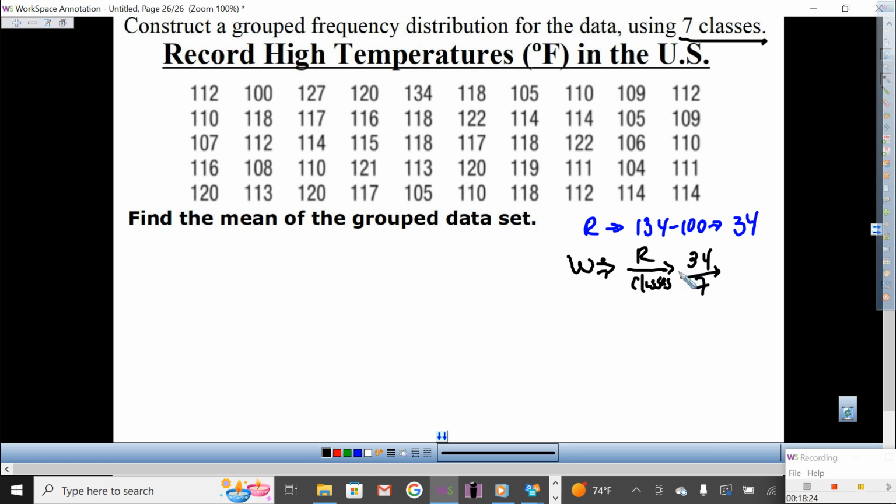So 7 goes into 34 4 times, but then we round what? Up. So this is going to be 4 point something, so we're going to round to 5. Remember, for the class, we always round up. Okay, so now that we have those 2, let's get our table started.